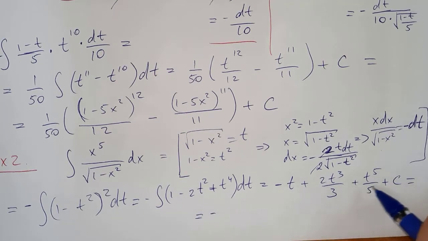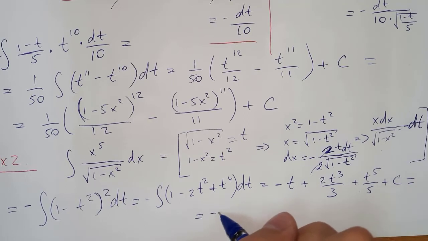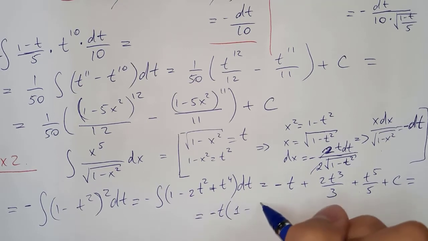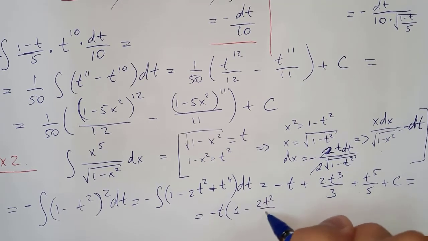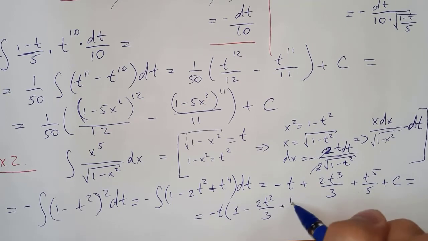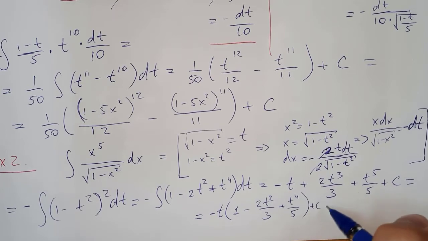We can take out t, so firstly we have by t: 1 minus 2t squared over 3 and plus t to the fourth over 5, so plus c.